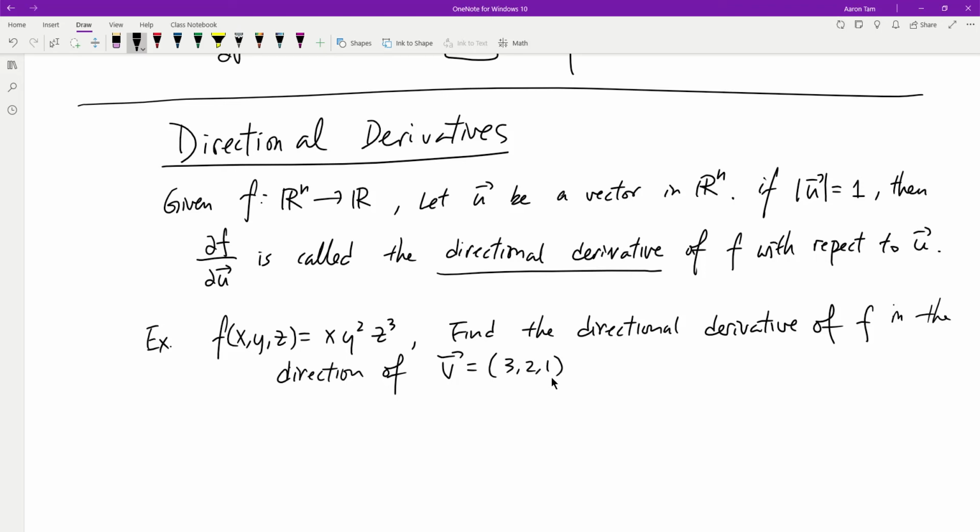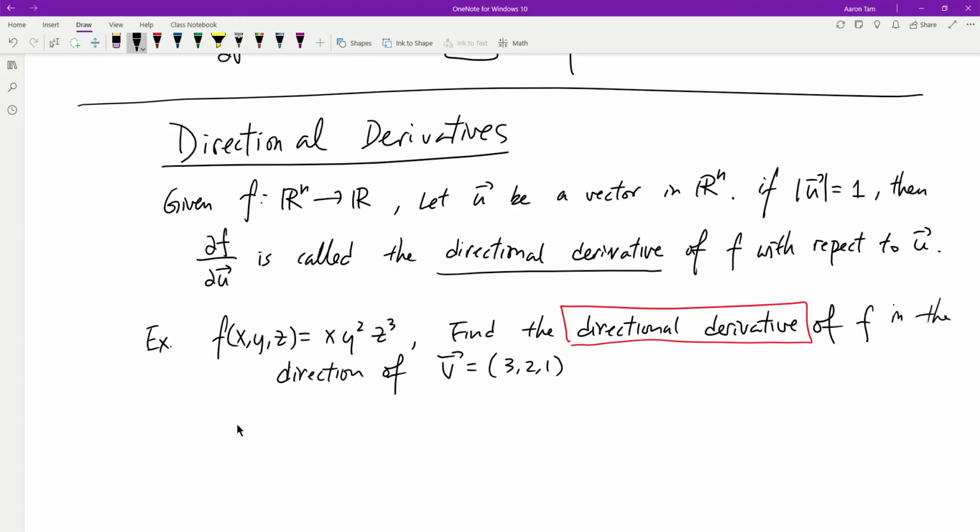So how is that different than all the other problems that we've done? Well, it's right here. We now specify that what I want is a directional derivative. And therefore, in order for it to be a directional derivative, I must have a direction with length 1. And I'm pretty sure vector v doesn't have length 1.